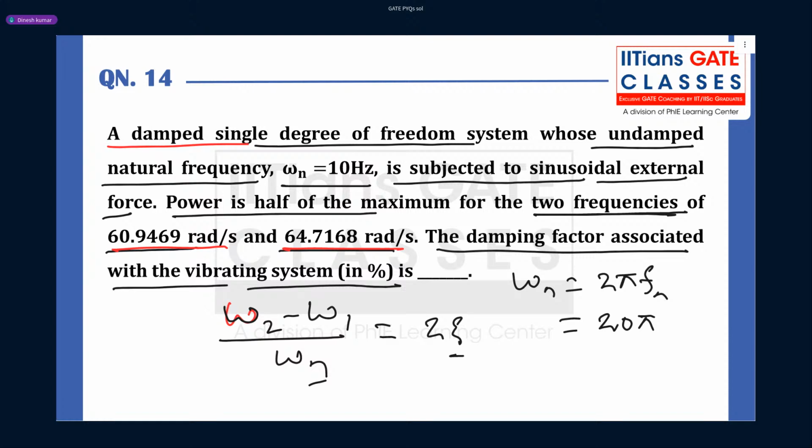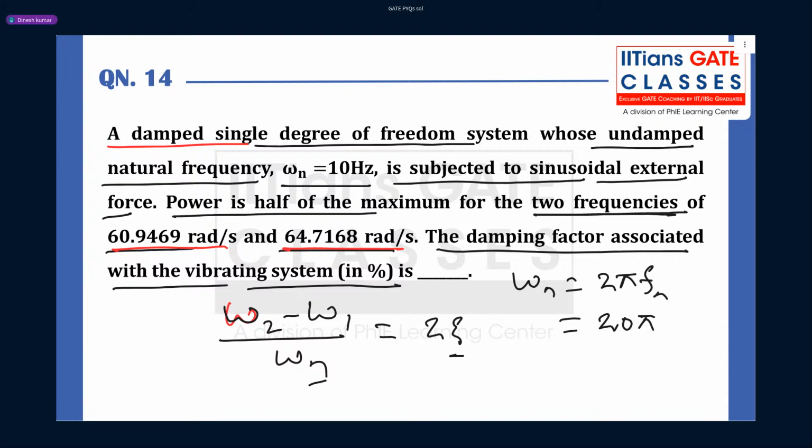So 30% means 30 by 100, 0.3. Okay, percentage it is 3. I thought it is in numerical value. So it is 30 or 3 percentage. Still check, it's not 30 percentage, it's a 3 percentage.